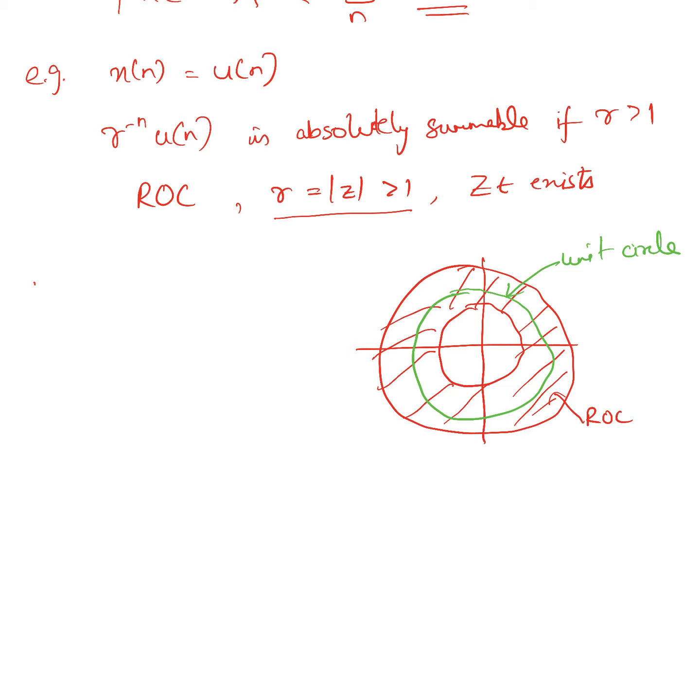So conversely, if the ROC does not include the unit circle, then the Fourier transform does not converge absolutely. This is what we had seen in one of the examples.